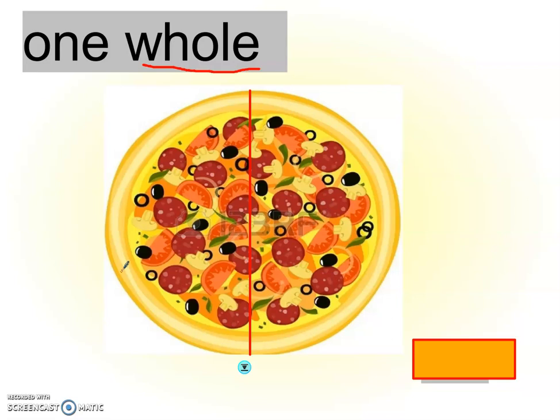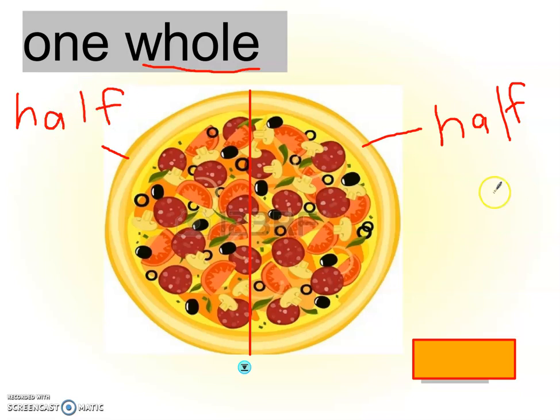Okay. Now I have cut it into two equal pieces. This is one half. This is half pizza. This is the other half. Correct? Now, I had one whole pizza. When I cut it into two, I got one half and I got another half.